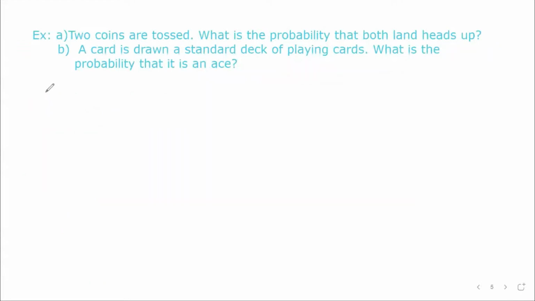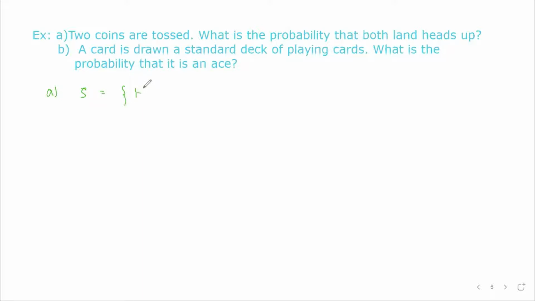Next example, A. We do question A first. 2 coins are tossed. What is the probability that both land heads up? So 2 coins, you can see when you do the result or sample space, the sample space can be what, two coins, right?